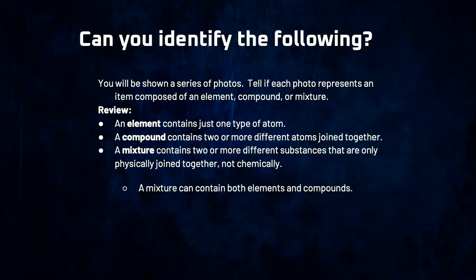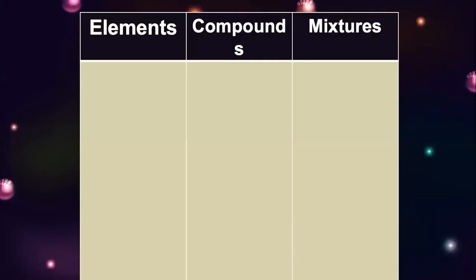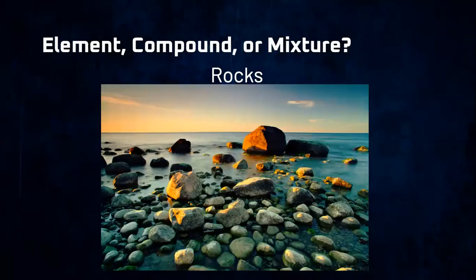Lastly, a mixture is two or more different substances that are physically joined. So, is rock an element, compound, or mixture? Can I have some hands, please? Anyone want to try this? Is rock an element, compound, or mixture?